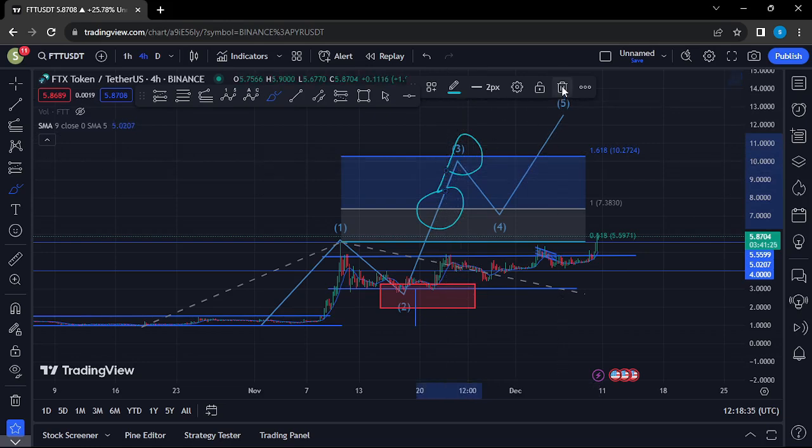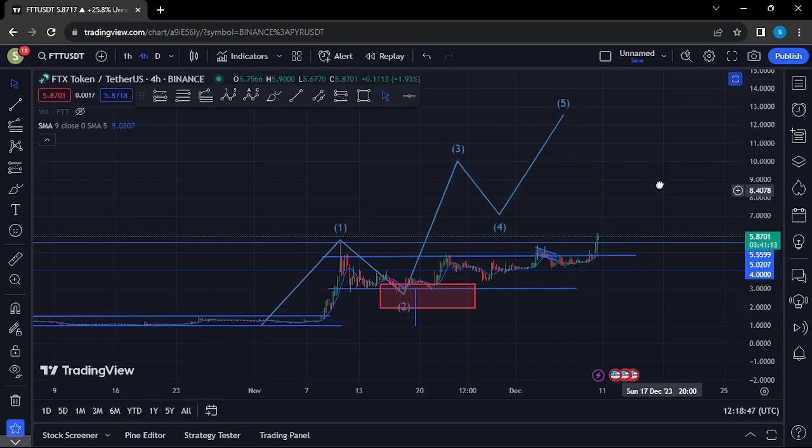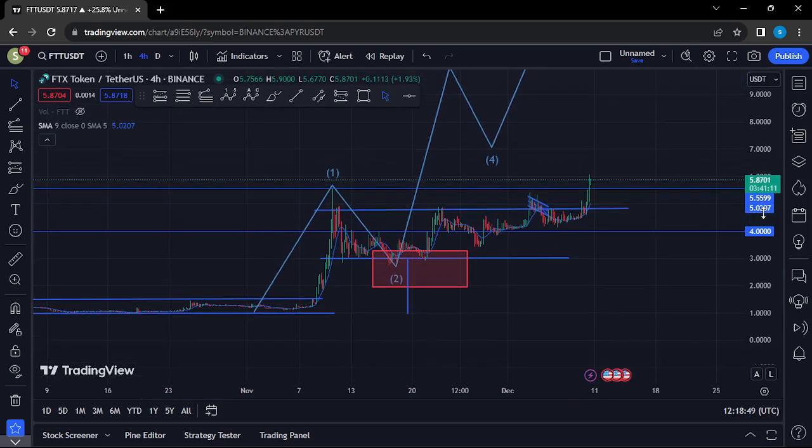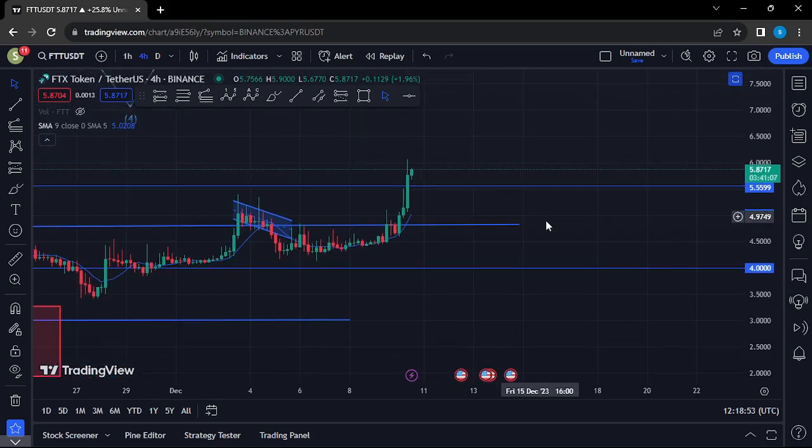We also need to have in mind that we can see a pullback from the prices that we are trading within. For us to continue expecting higher prices, even though we get a pullback, we need to continue holding above significant areas of support. The first area of support that we need to continue holding above lies at the $5.5 mark.